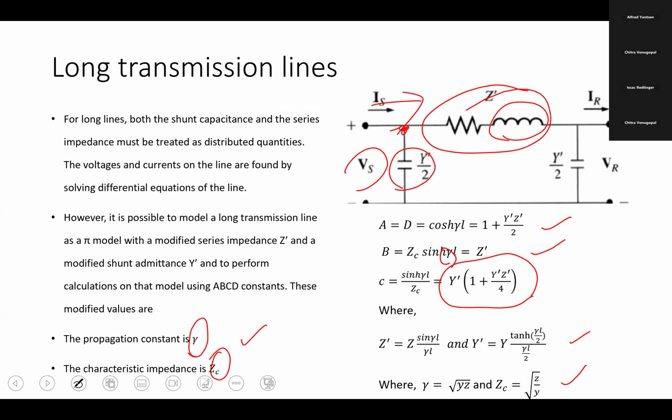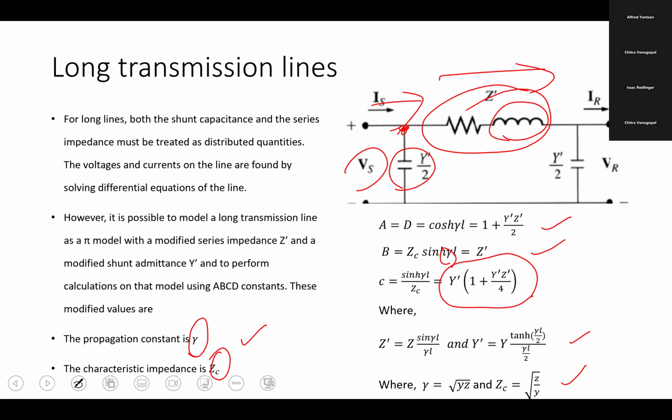So what is the effect of this energy storing element on the current? They can displace the current. They will not keep the current in phase with the voltage. They will try to put the current lagging behind the voltage or leading before the voltage. So as it goes through this line, the current starts to lag behind the voltage. When the current is lagging behind the voltage, it gives some angle, right?